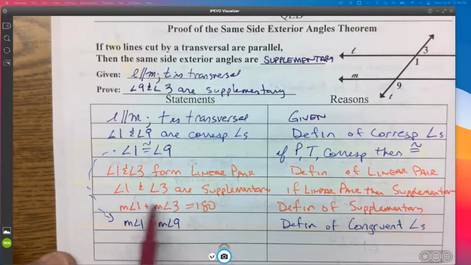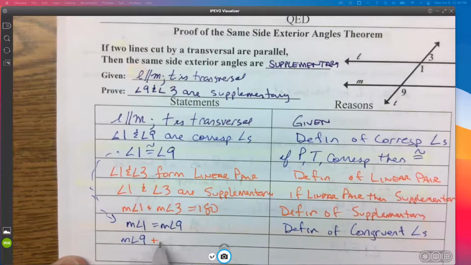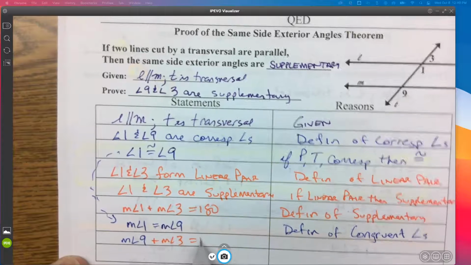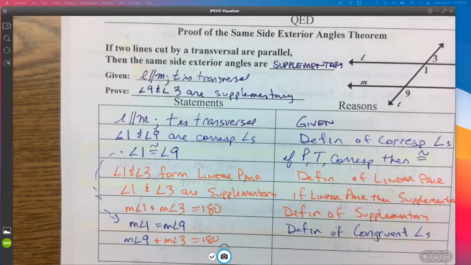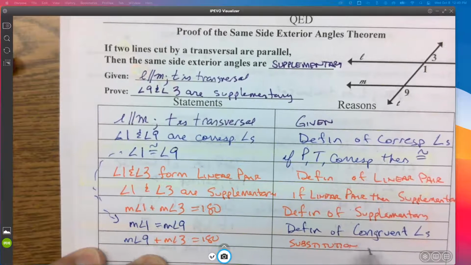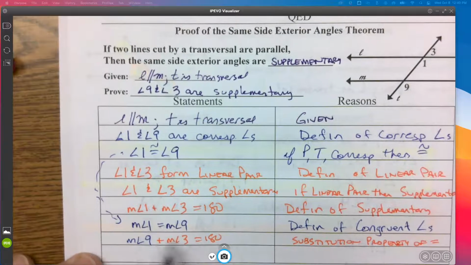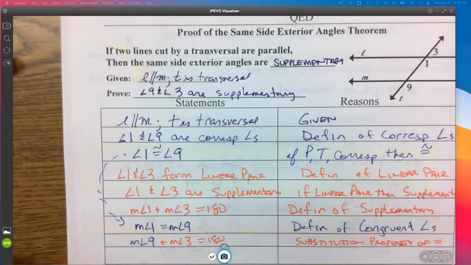And now I can combine these. Instead of measure of 1 plus measure of 3 equals 180, I can say the measure of angle 9 plus the measure of angle 3 equals 180. And I'm doing that by using the substitution property of equality, because these are now equals, so I can use the properties of equality.